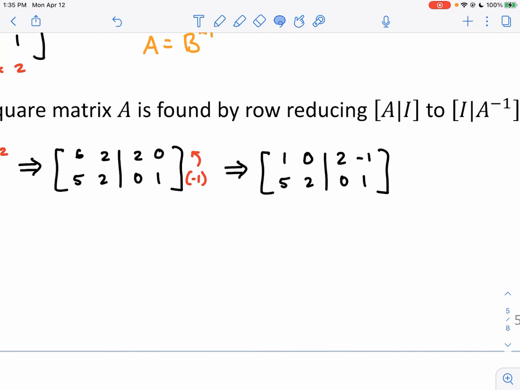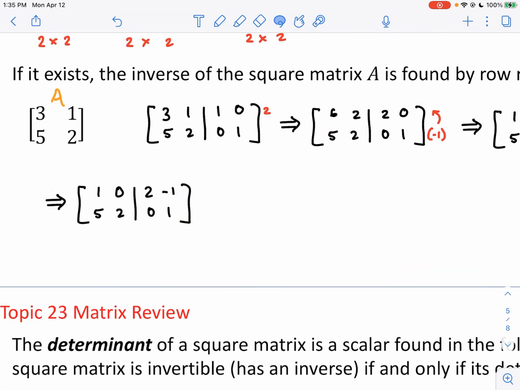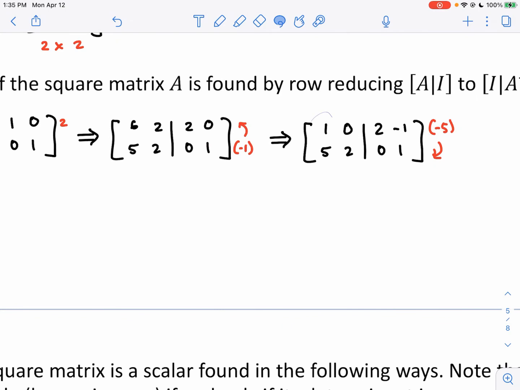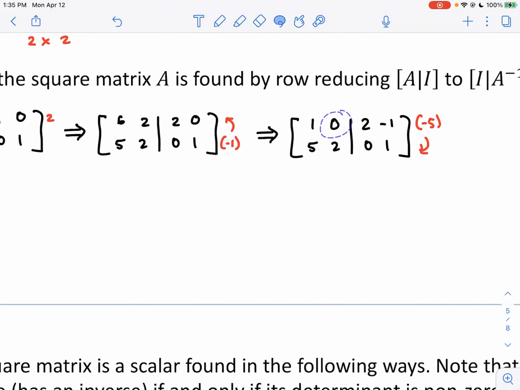Now we need this to be a 0 below it. So I'm going to do now -5 times row 1, and add that back down to row 2. Let's copy and paste that down here. This time we're going to be changing row 2, so let me erase row 2. And let's do the mental work. 1 times -5 and add to 5. That gives us a 0 right where we want it, right there. 0 times -5, which is 0 still, add to 2.